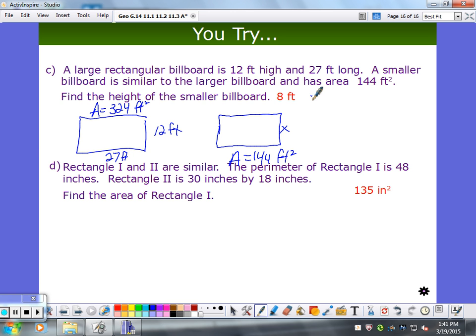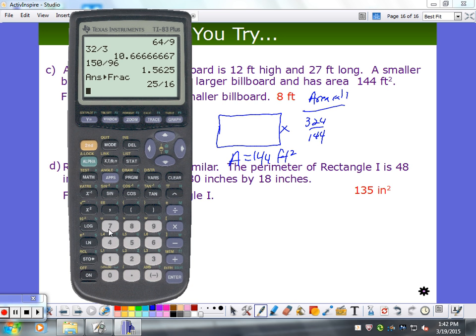So I find my area ratio, 324 to 144. And let's see if I can figure out what that is. And that one I think is 9 over 4, right?